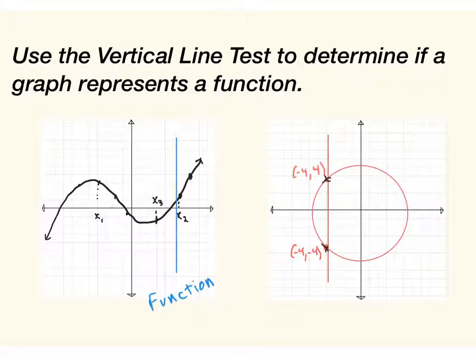And in fact, any vertical line that I draw inside the circle, if I followed these grid lines or anything in between, all of these would intersect 2 points of the circle. So this is a relation only. It is not a function. And that is the use of the vertical line test to do that.